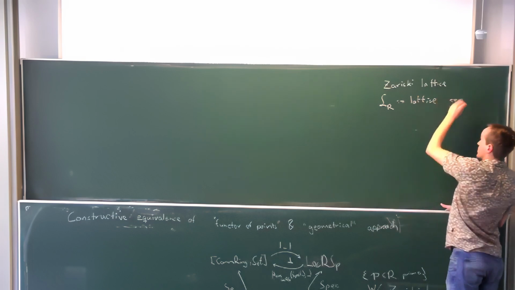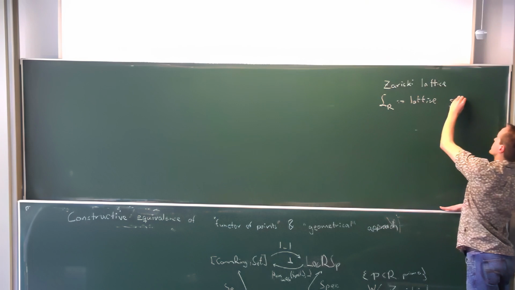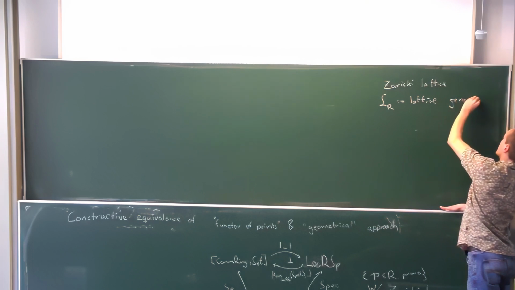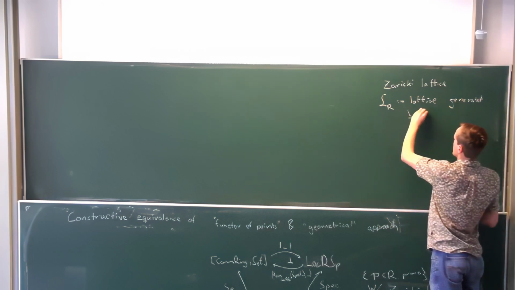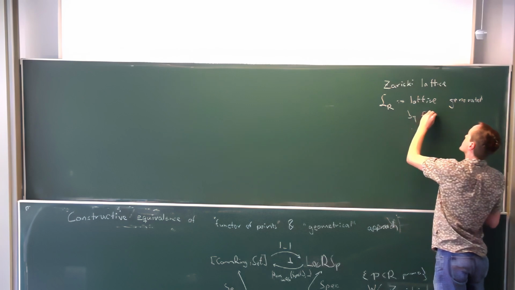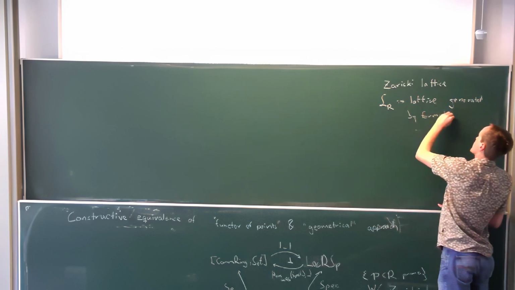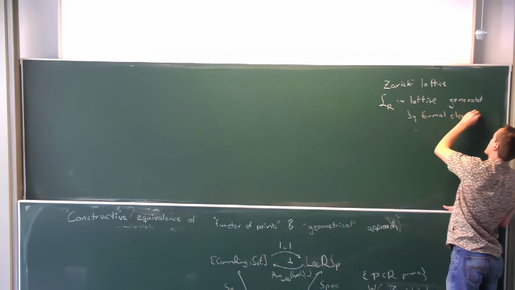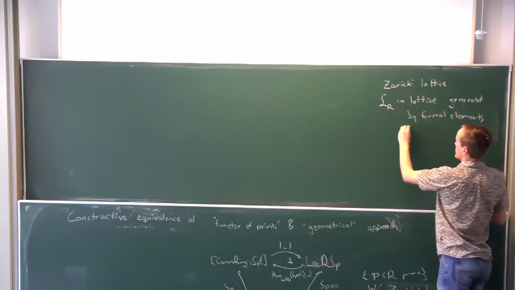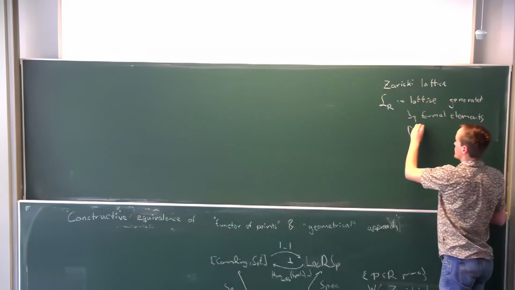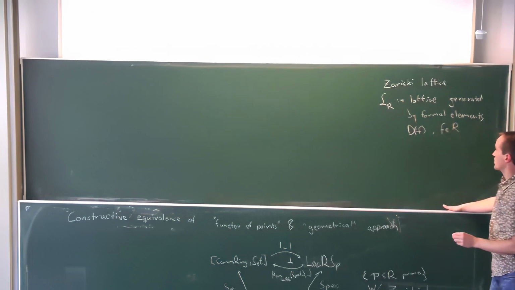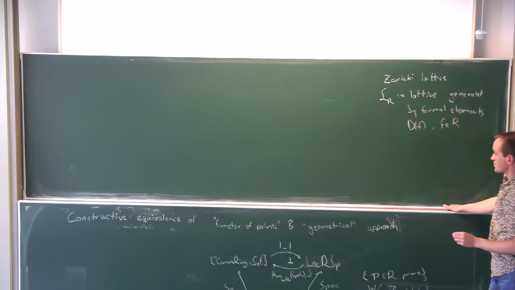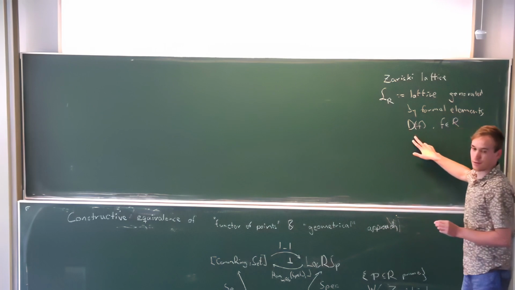Since we have a 0 and 1, the top elements. So this is the lattice generated by elements D(f), where f is an element of R. And these D(f) obey some relations.